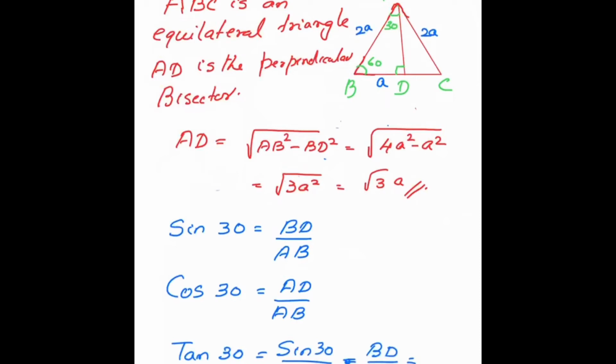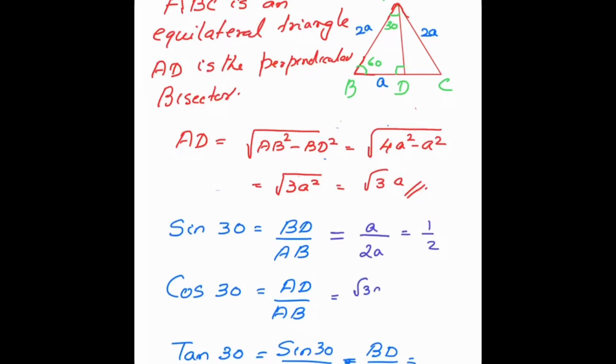So sin 30 will become opposite side by hypotenuse. Opposite side is BD by AB. So BD by AB is equal to a by 2a, which is equal to half. Similarly, cos 30 will be adjacent side by hypotenuse. Adjacent side is AD, and we have already found AD is root 3a.